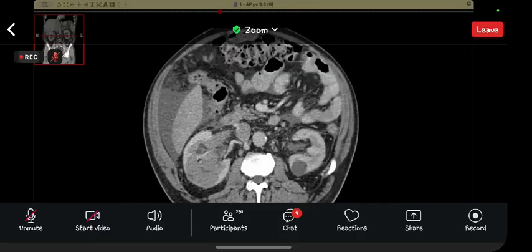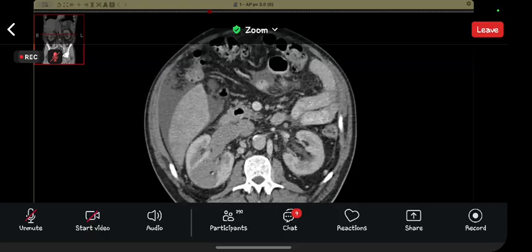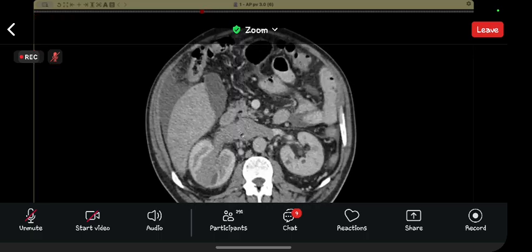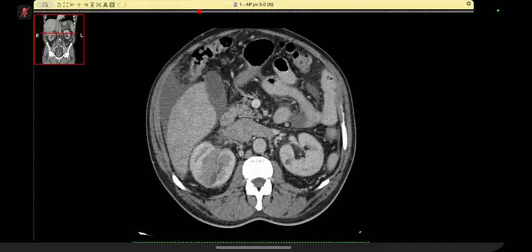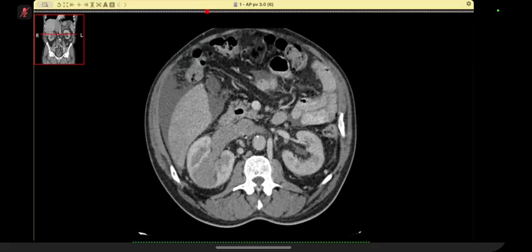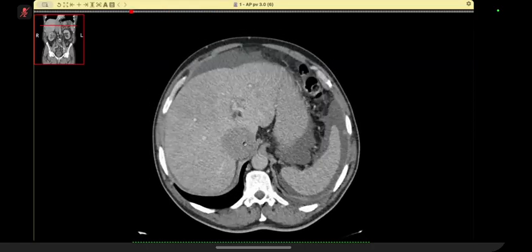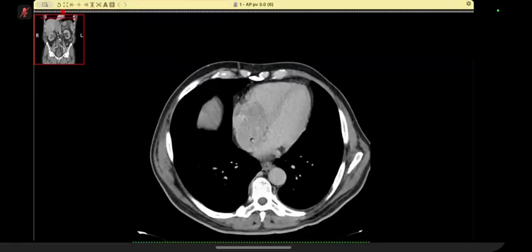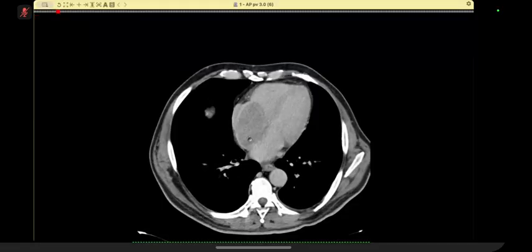We can see this mass which is invading the cortex as well as the medulla. From there, it goes into the renal vein and it extends to the IVC. But now it is extending into the IVC, going all the way into the right atrium. Here you are, into the right atrium.